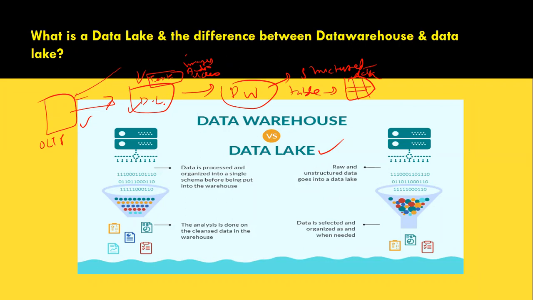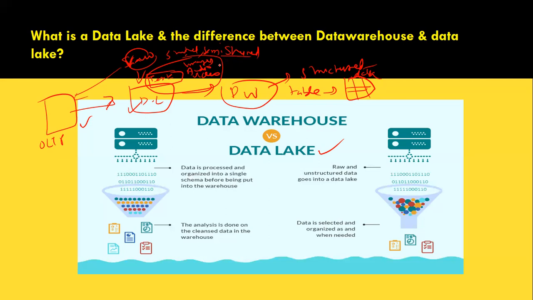So the data is processed after it is loaded into the data lake. Whatever data you store is called your raw data. Your raw data can be unstructured, or structured, or semi-structured. What is an example of semi-structured? A JSON file.